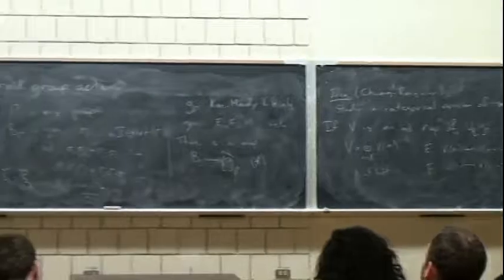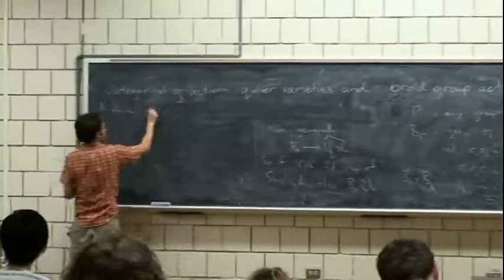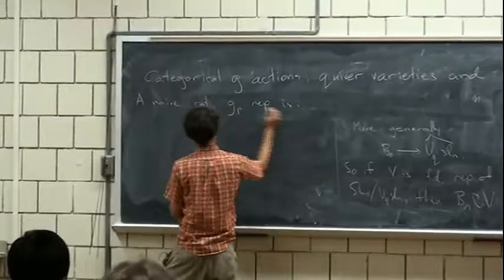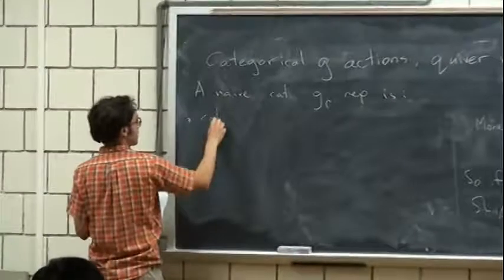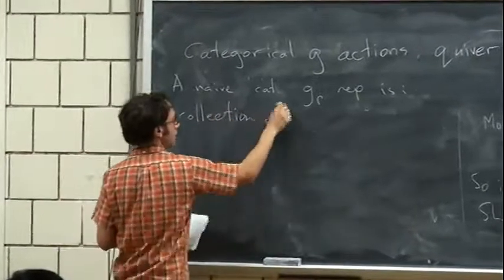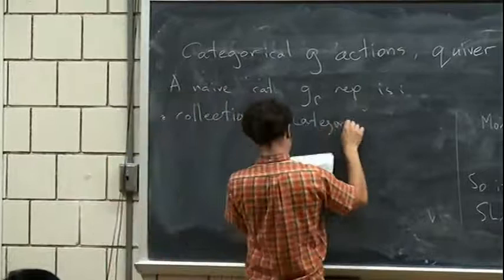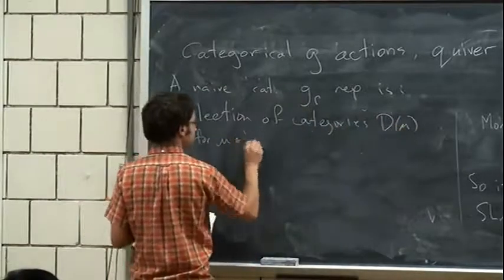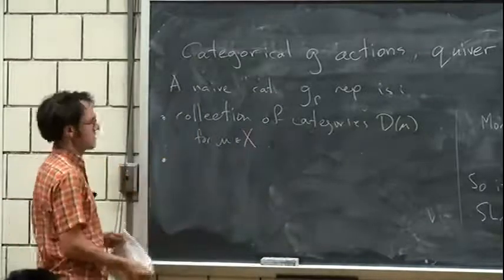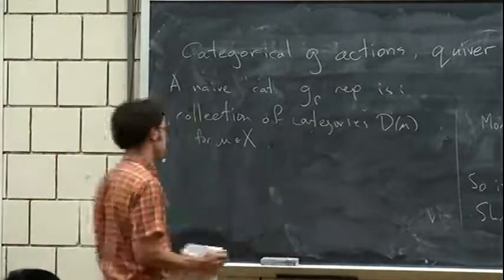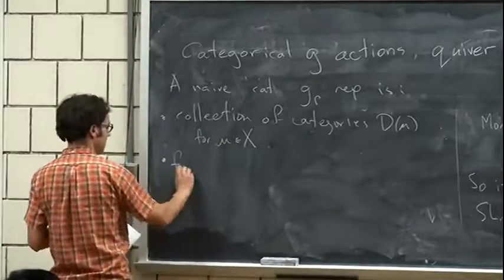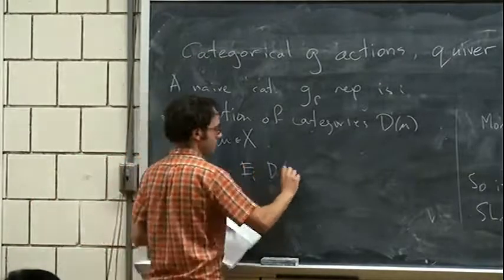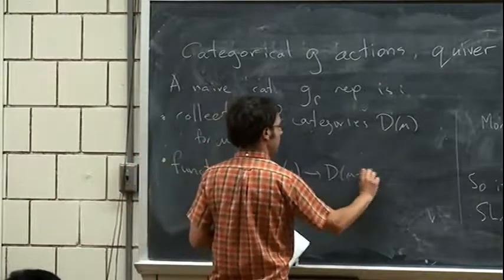A naive categorical g_gamma representation is the following data: one collection of categories D_mu for mu in X. Keep in mind that for me, these categories will eventually be coherent sheaves on certain varieties. And functors E_i, which will move me around just like the linear maps moved me around before.